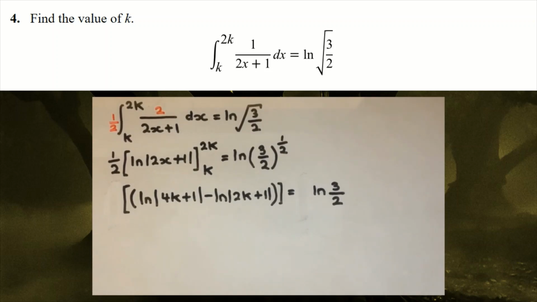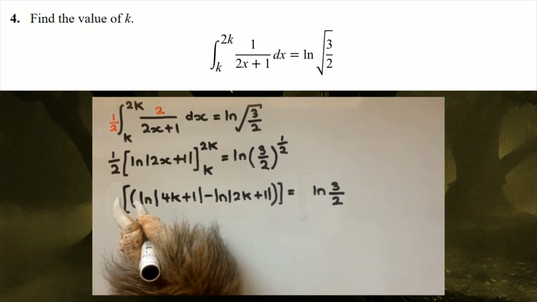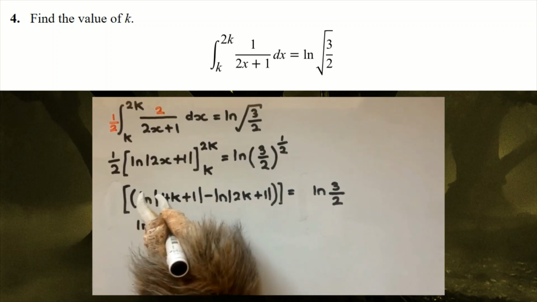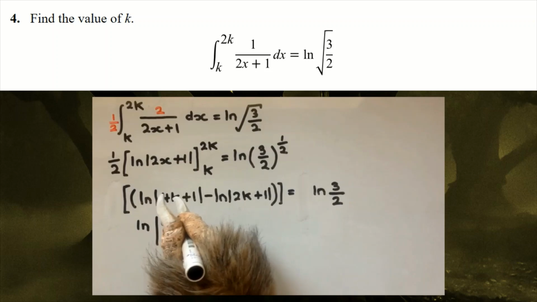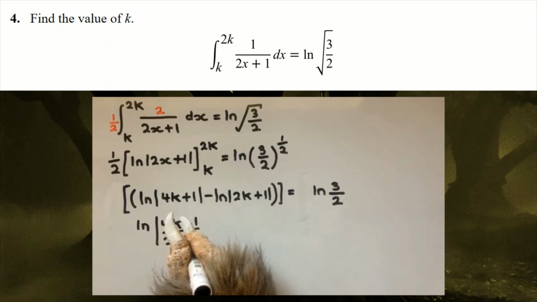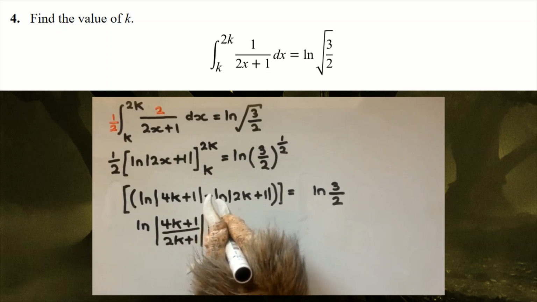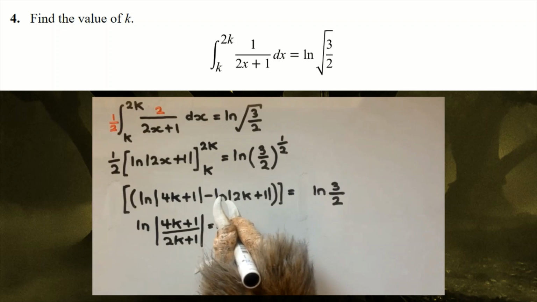That means I can hopefully use the division law or the subtraction law, however you want to call it. So if I write this as a fraction, so this is going to be the natural log of 4k plus 1 over 2k plus 1, which is equal to the natural log of 3/2.